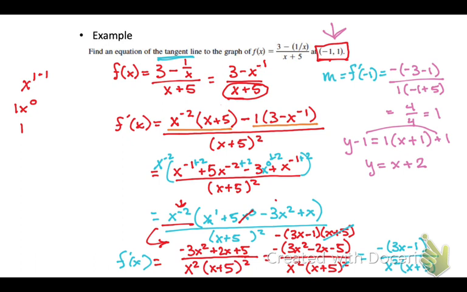Wait, what? Wouldn't it be 1 because you already have that 1? No, because 1 times 1 is 1 plus 1 is 2. And then you have to move the y. I did move that over.